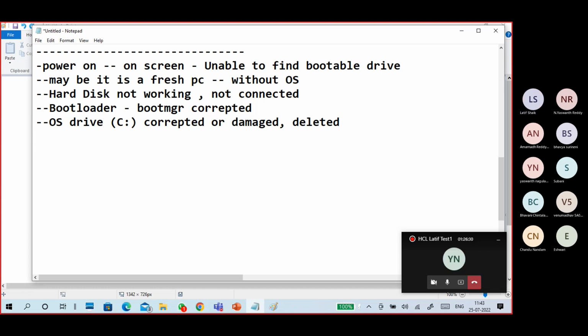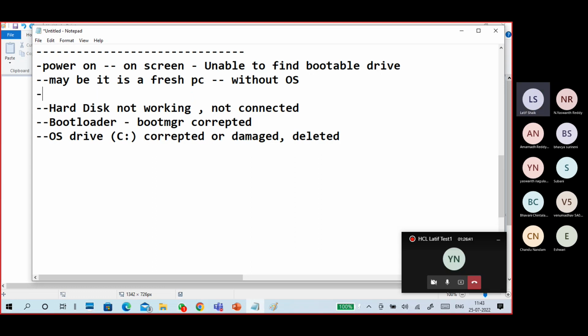Okay. This is important. If in case of a fresh PC you are installing OS, and the OS source is not proper, you get this problem.